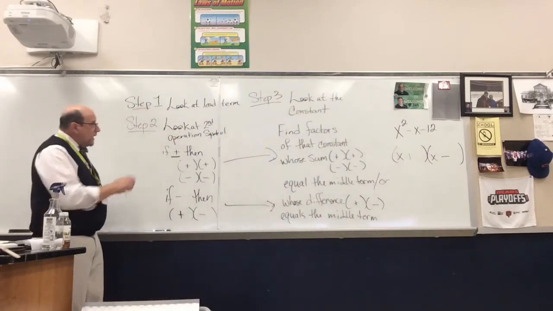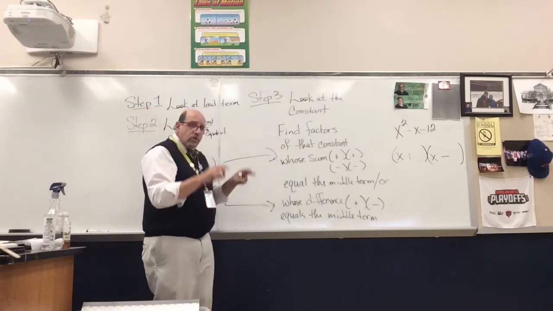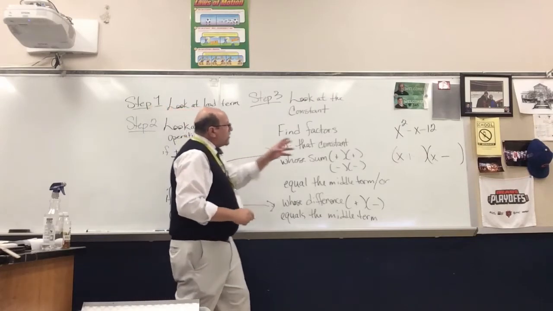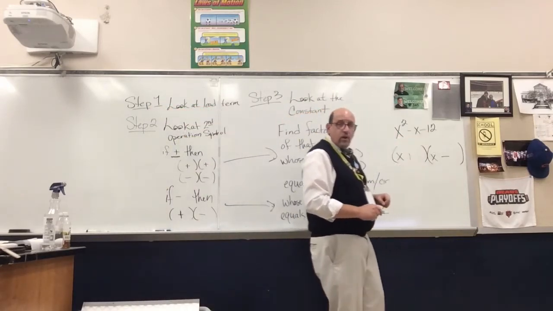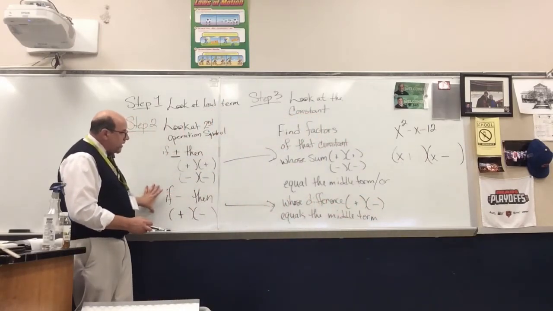All right? And these lead into the third step, which is look at your constant. The constant is that last term here, and our last term is 12. Okay, well, we're down here with if-then.